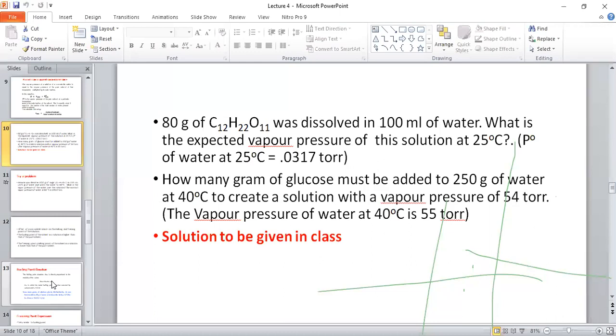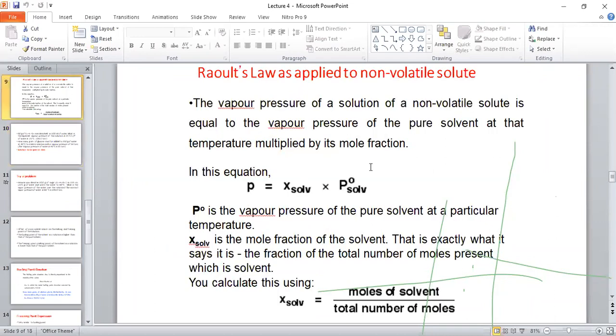Now you go back to that formula I gave you, which you can use to calculate the vapor pressure of a solution of a non-volatile solute. So you can write it down, so that you can use it, because I'm going to ask you to calculate the other two right here.